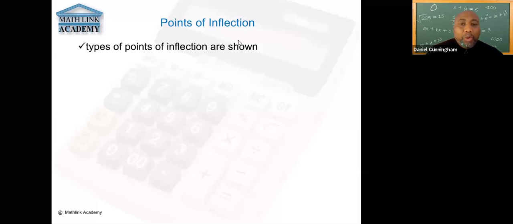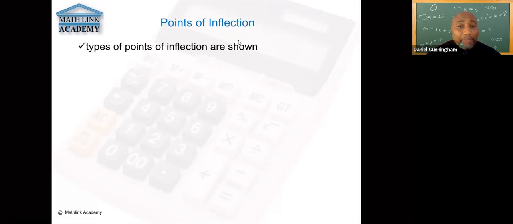Now to find the points of inflection, you may have more than one point of inflection on a graph. You have to look at how the concavity looks at that point. So the first thing, for a point of inflection, you have concave up on one side of the point and concave down on the other side. The key point is they will keep the same slope, which is your first derivative.